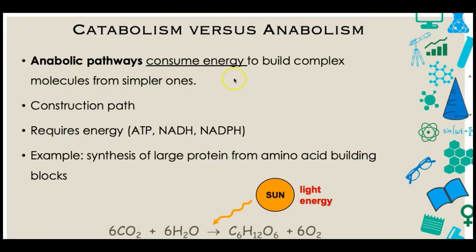For anabolic pathways, meanwhile, it consumes energy to build complex molecules from simpler ones. It is a construction path. Catabolic pathways are the destruction path, but anabolic pathways are the construction path. It requires energy, ATP and NADPH, and an example of anabolic pathways is the synthesis of large proteins from amino acid building blocks.